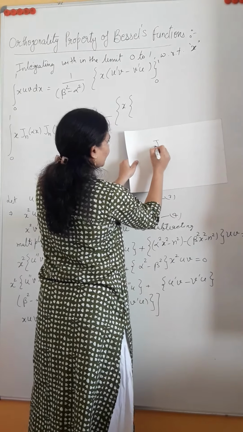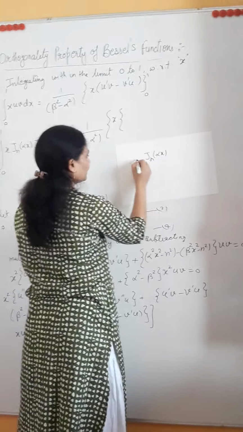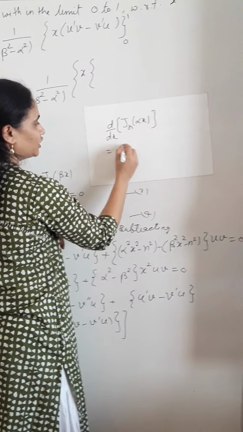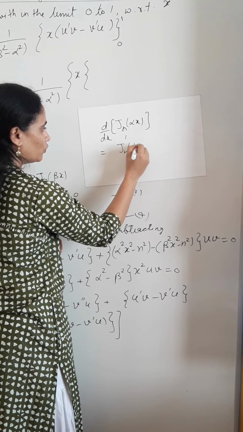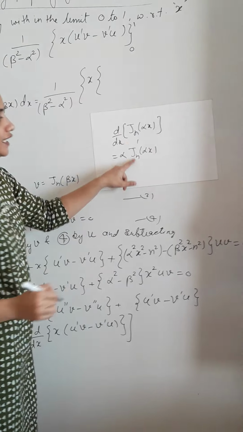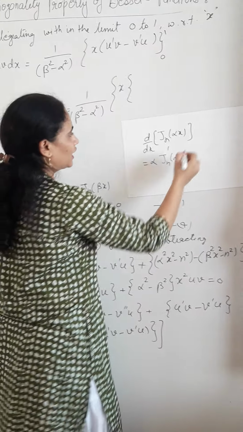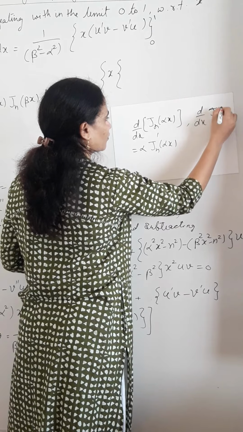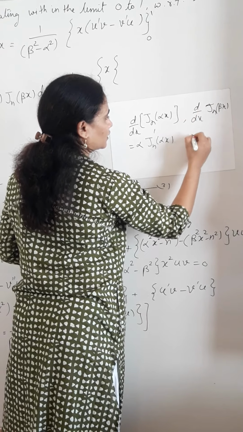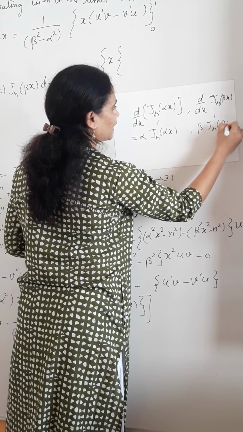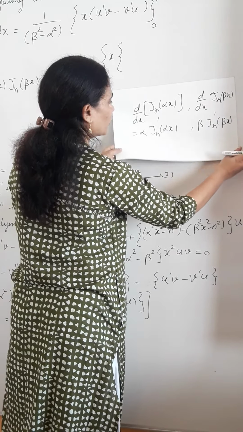If I differentiate J n alpha x with respect to x, what would I be getting? Differentiation of this function by chain rule and then differentiation of this, so alpha J n dash alpha x. Similarly for beta x, what would we be getting? That will be beta J n dash beta x. So these are the values for the derivative.